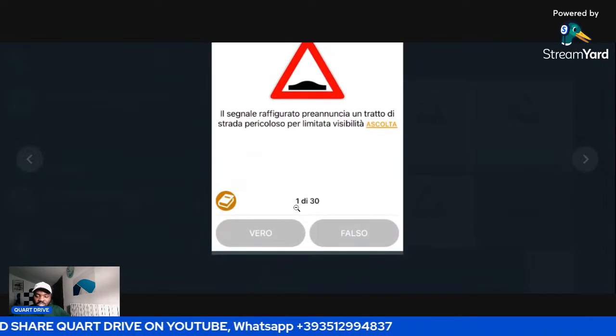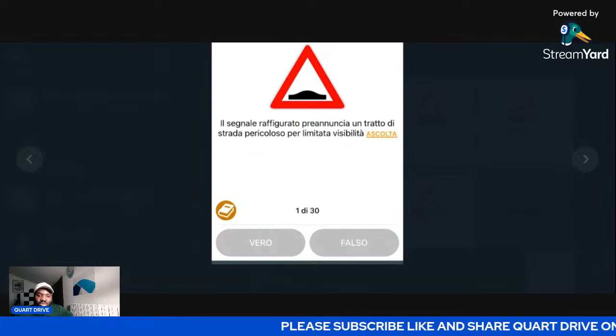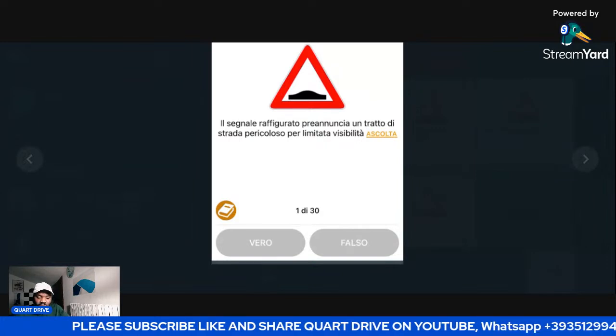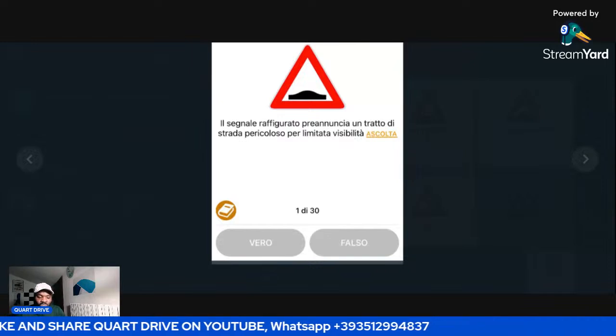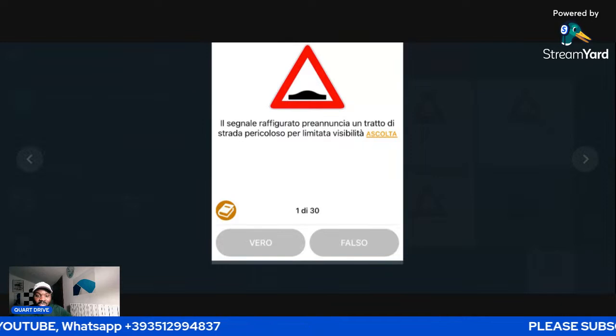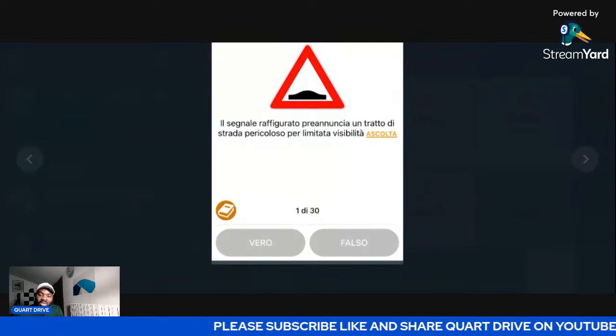The 8th question here is saying that il segnale raffigurato preannuncia un tratto di strada con limitata visibilità. Limited visibility. That is what number 8 is talking about. This one is signaled as dosso. So this one is not limited visibility, like you cannot see. This one is dosso.